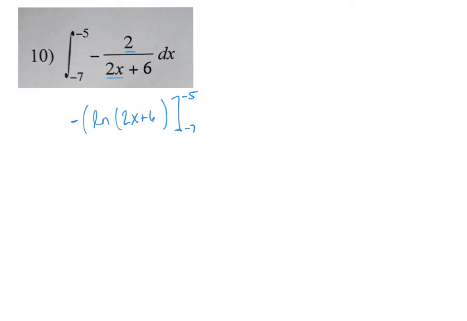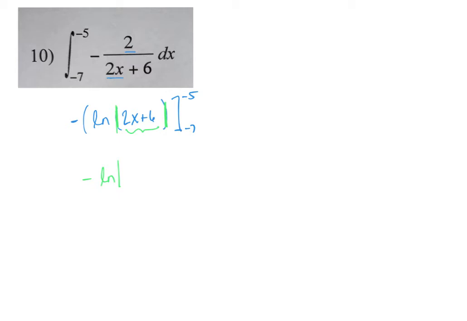So I think when you plug it in, you're going to get 0.693. But you'll just plug in your negative 5. So negative natural log of, remember it's absolute value, by the way. So this is absolute value when you do that. So this is going to be negative 10 plus 6.